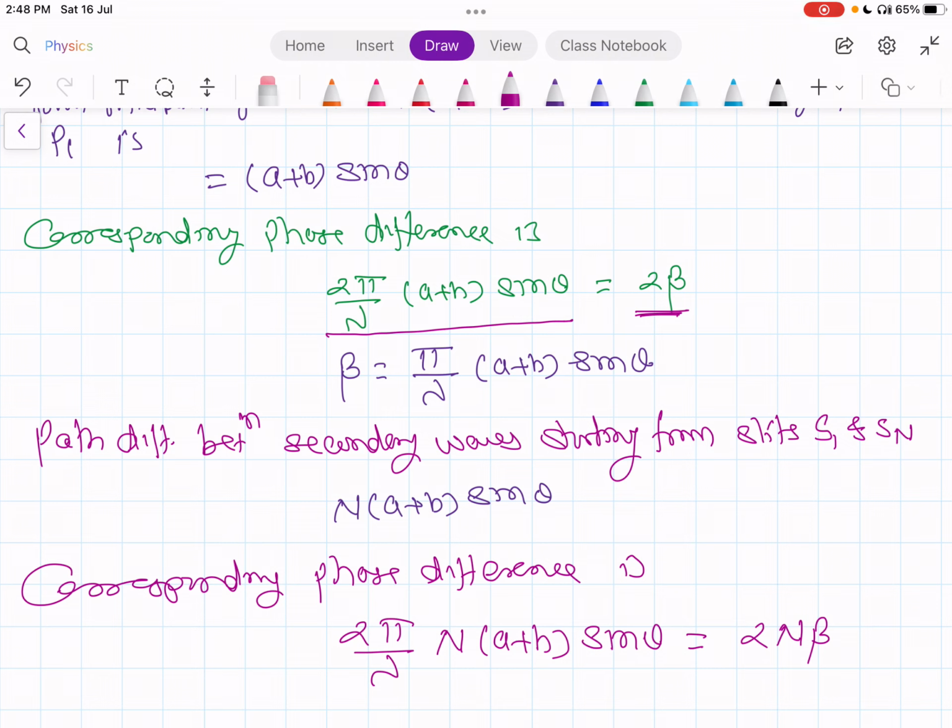Now n slits are there and there are n number of waves.